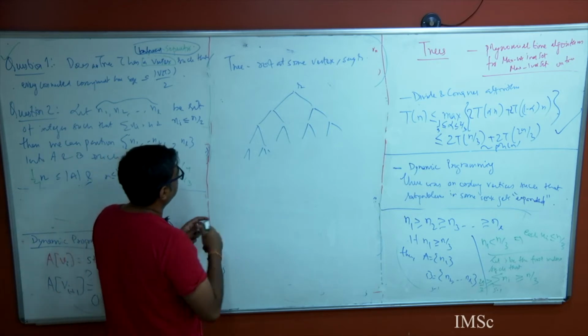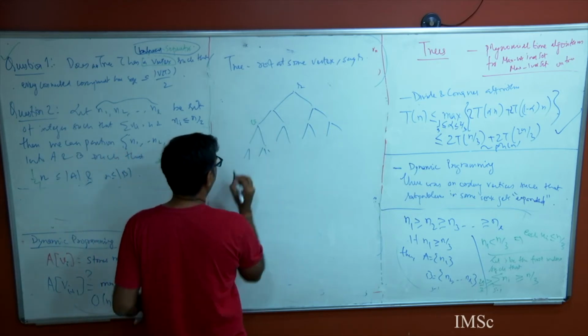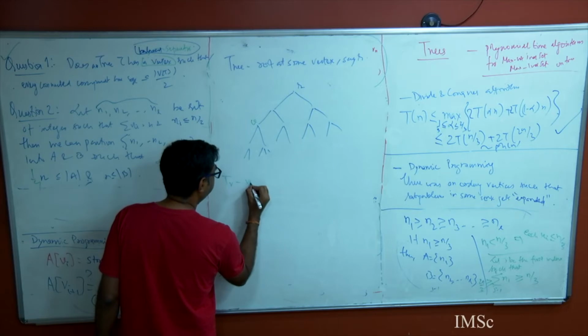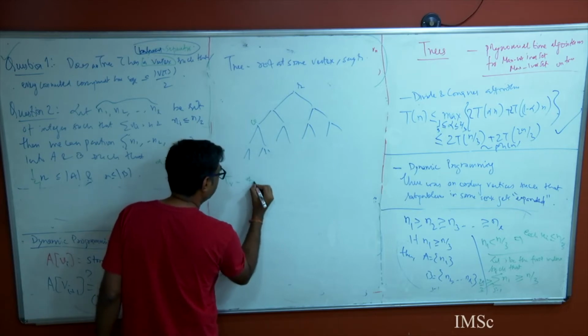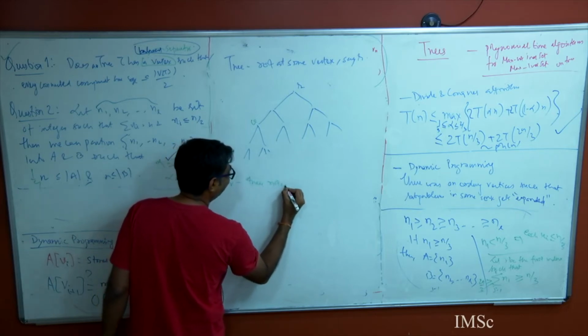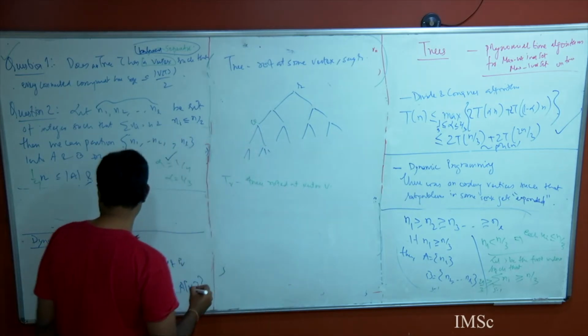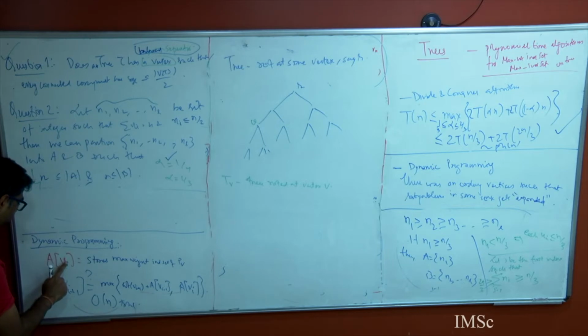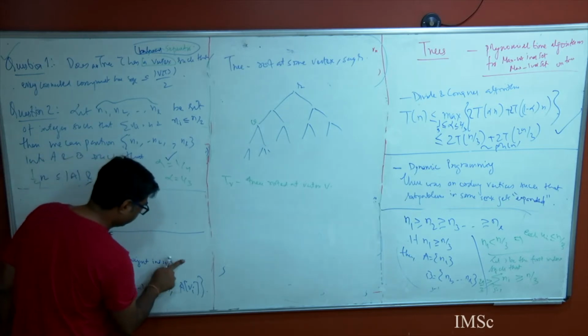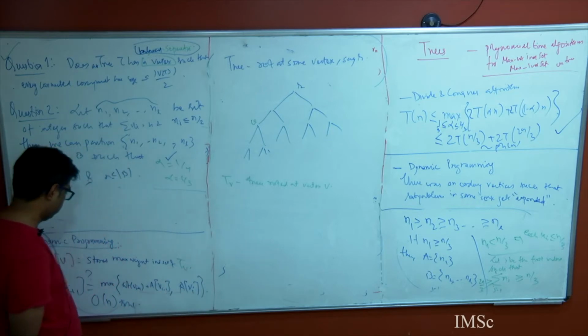Now for a given V, what is TV? The tree rooted at vertex V. Now AV stores the maximum independent set of TV.